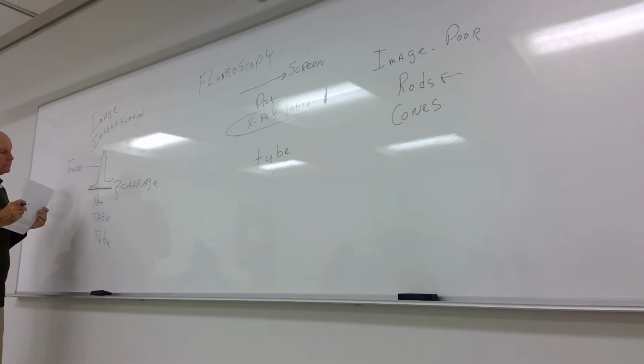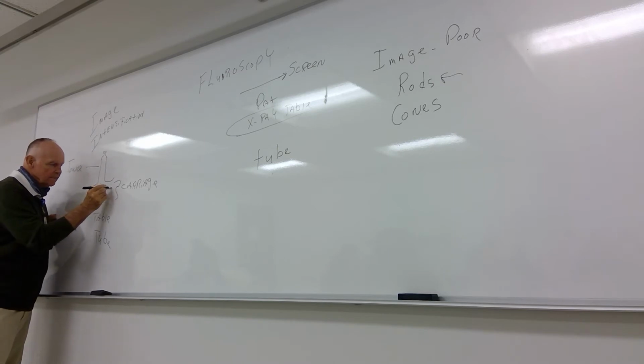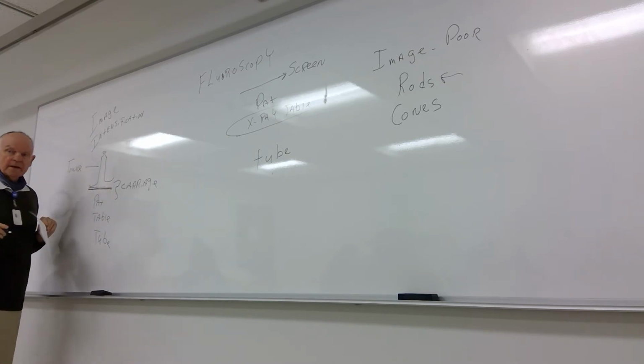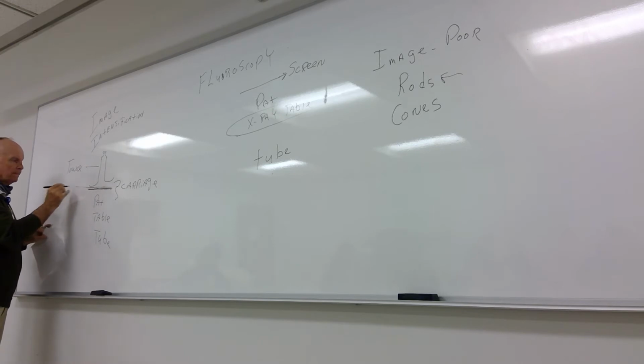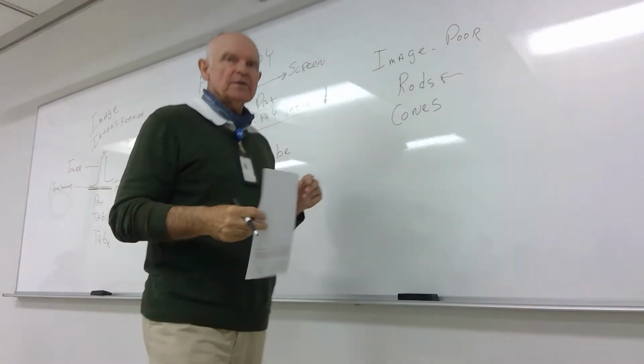Now, the light photons strike the next layer, called the photocathode. So what hits the photocathode?